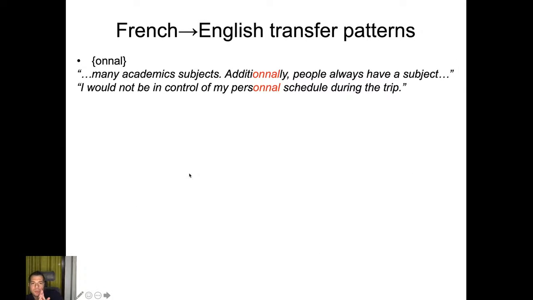Just to look at these examples, this 5-letter n-gram can appear in different words like additionally and personal, and it can generalize to different contexts and different words, but it's kind of the same mistake.